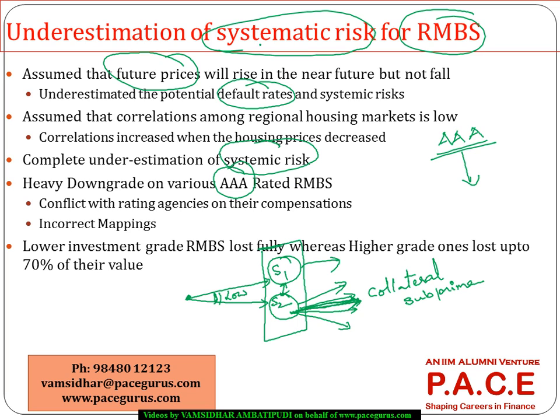And of course there was a conflict between the companies and the rating agencies on their compensation. So it is said that the rating agencies downgraded their ratings, but for whatever may be the reason, we have seen that the higher graded ones, AAA kind of ones, lost 70% of their value, whereas slightly lower rated mortgage backed securities became almost zero.